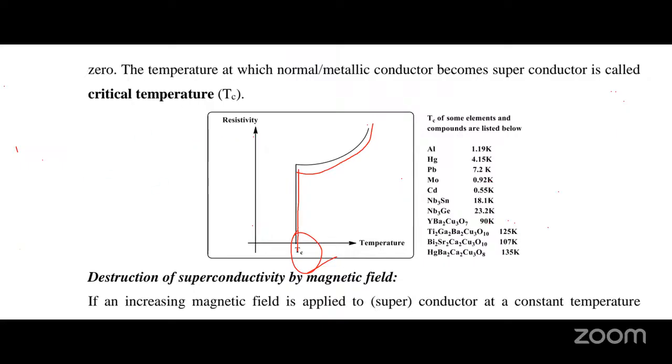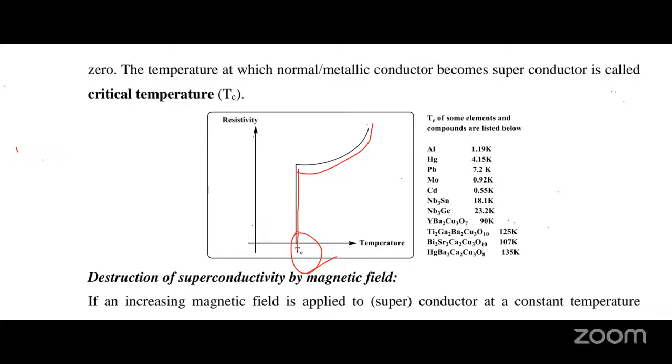For whatever material we reduce the temperature, at one certain temperature the resistance of the material becomes zero. That particular temperature is known as the critical temperature of that material, and at that temperature the material shows infinite conductivity.